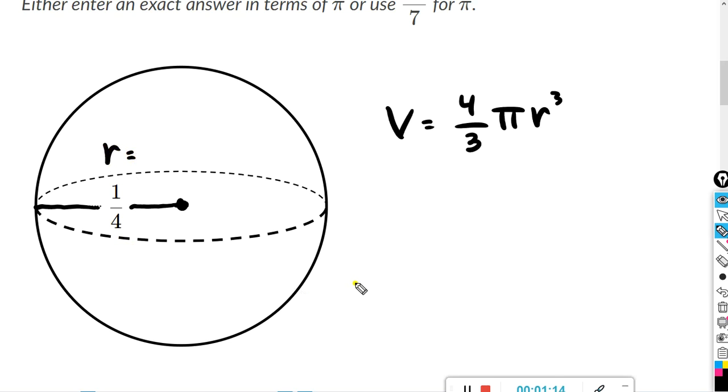All right. So for this problem here, we have 4/3 times pi times r to the third. So that's going to be 1/4 to the third.